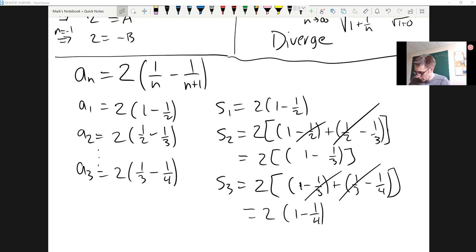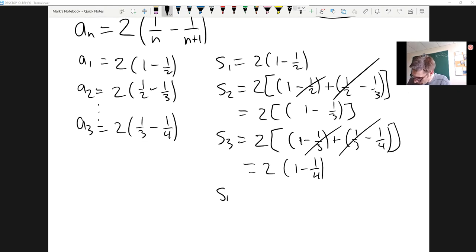And I think it's clear what the pattern is now. The nth partial sum is going to be 2 times 1 minus, and then the number in the denominator here always seems to be 1 more than the subscript. So we had 2 and 1, 3 and 2, 4 and 3. And so if we have n for our subscript, we should have an n plus 1 over here.